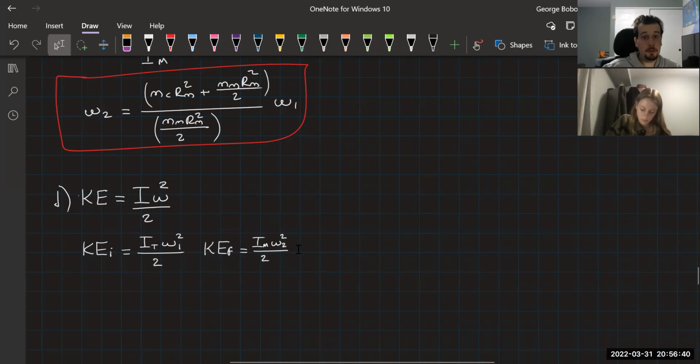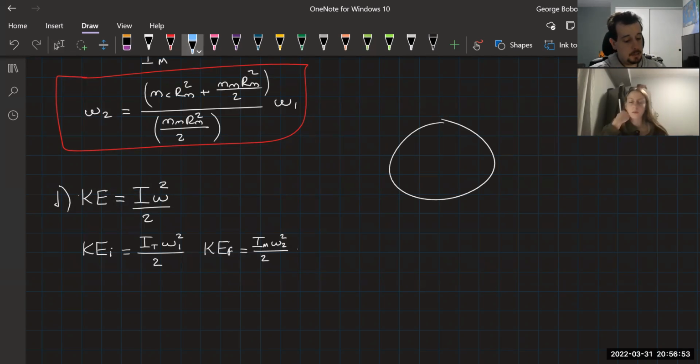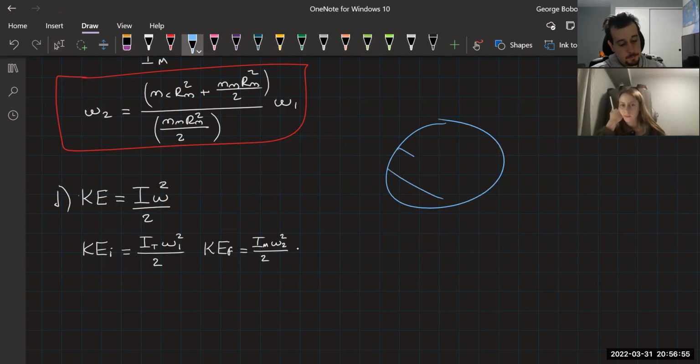So there's a little bit of friction that's acting, because if you had a frictionless merry-go-round and you tried to go as the child from here to the center, you wouldn't even be able to do that.